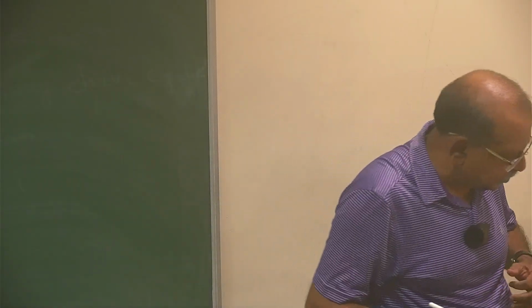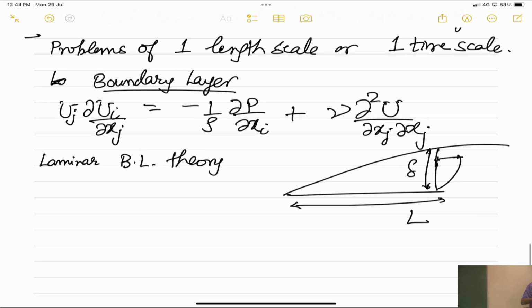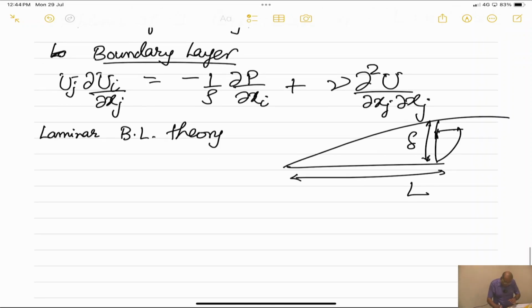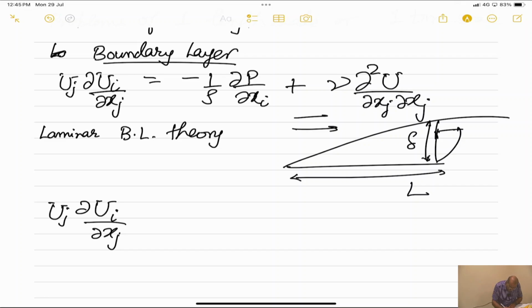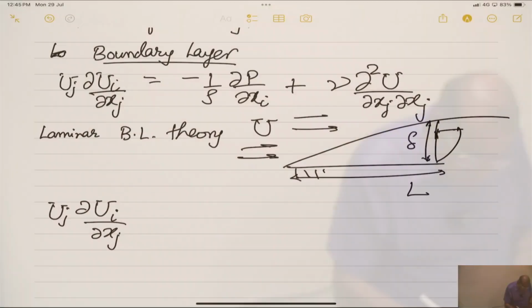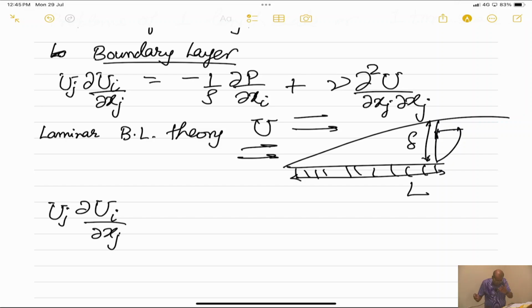So, let's look at the laminar boundary layer theory. And again, here what we do is we do order of magnitude analysis. So u_j du_i by dx_j, and this you must have done. Here we are talking of flow with a velocity capital U going past a flat plate. Again, except one or two of you, everyone would have seen this.